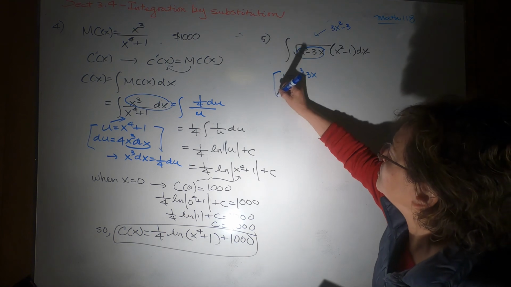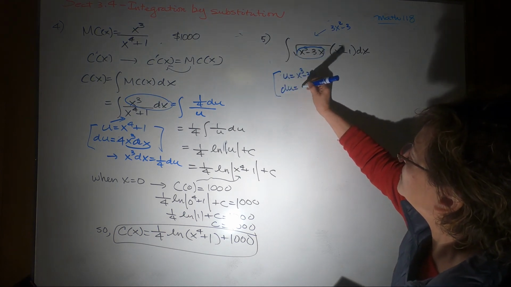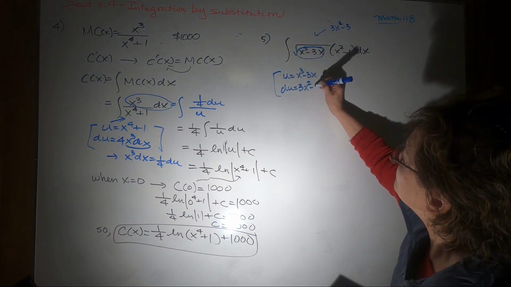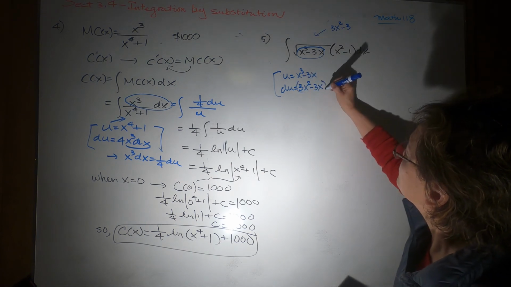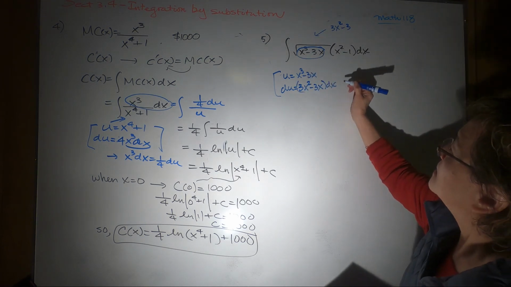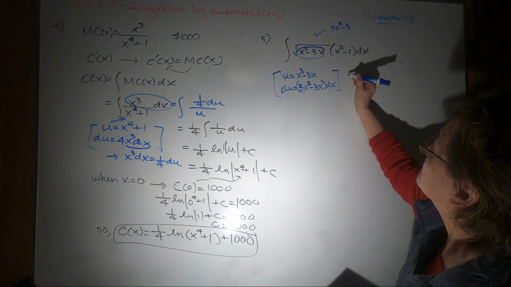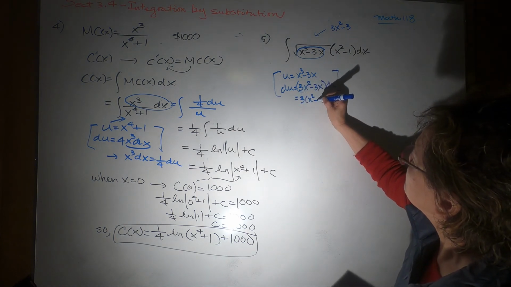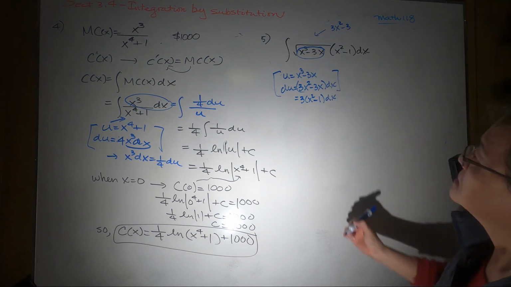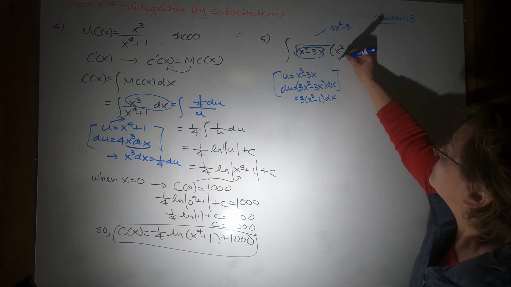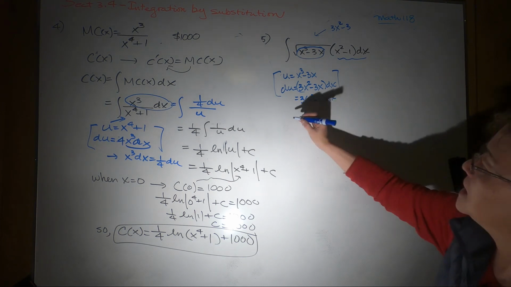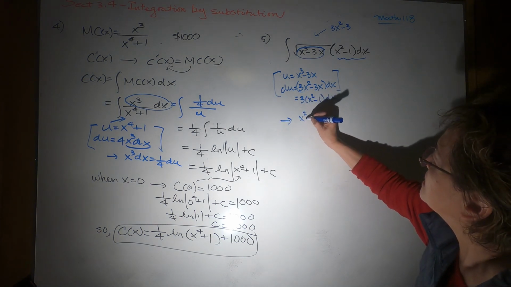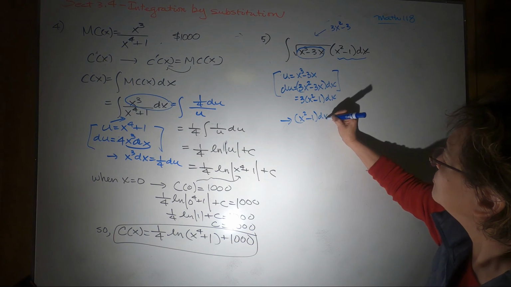So if you make u this way, du would be what? 3x squared minus 3x to the dx, right? Very similar to here. So that would be 3x squared minus 1 to the dx. Then you compare what we have left, then you will see x squared minus 1 dx will be what?